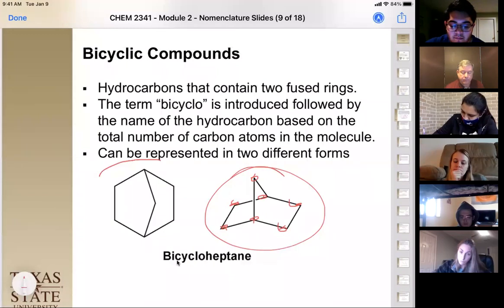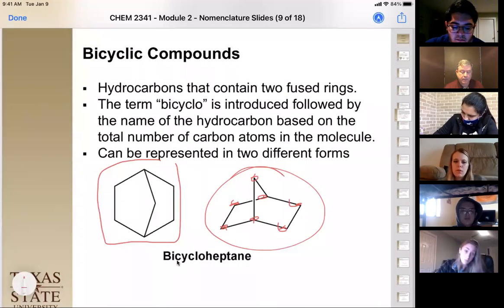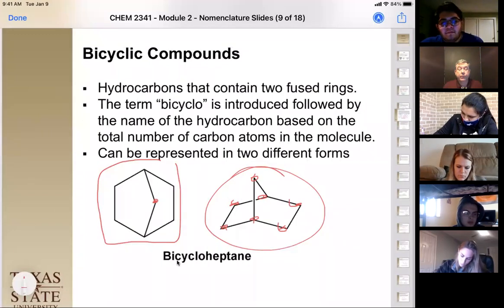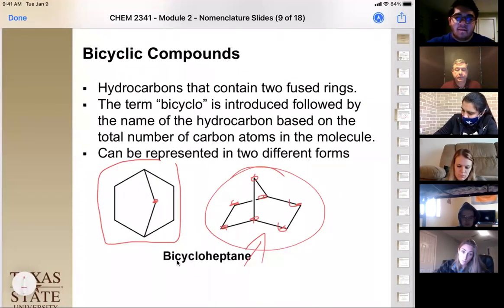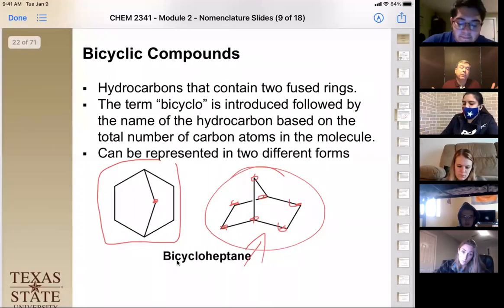Notice this is a flat representation, showing that there's definitely a carbon here in the middle. If we tilt that on its side, give it a 3/4 view, it shows this little top hat looking thing on it. But they both represent the same compound.